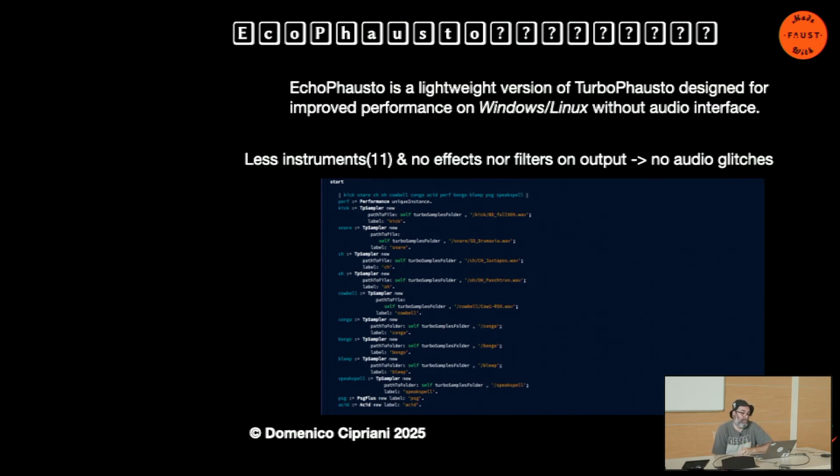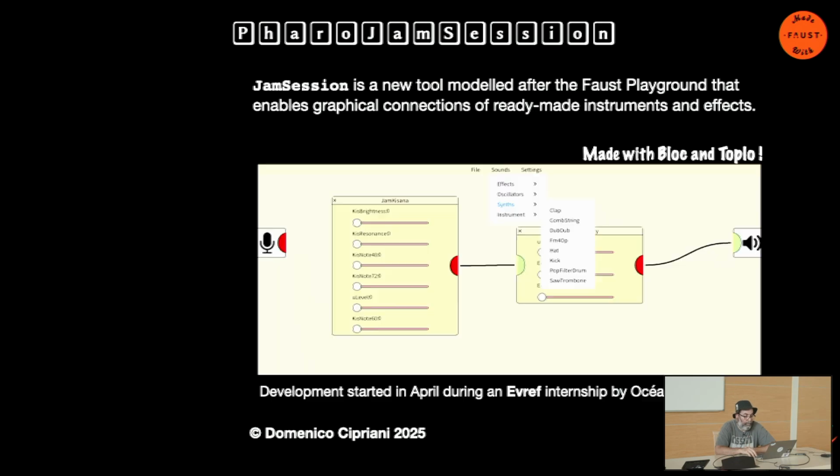That is due to the very bad audio performance of Windows. Not so bad on Linux, but okay. And so you can also use Eco Faust for Windows, and this was also done for teaching purposes, so you have a system that can work even if you have computers in a school or in a lab that are not so powerful.